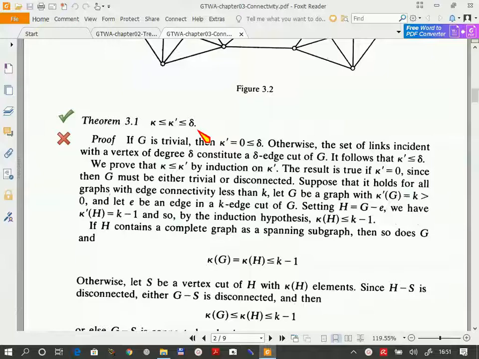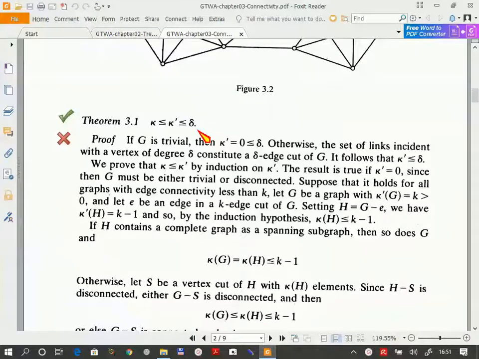The last part is very easy. Why? Because if you have a small delta equal, say, to 5, it means there is a vertex which has degree 5, and all other vertices have at least degree 5 and possibly more.